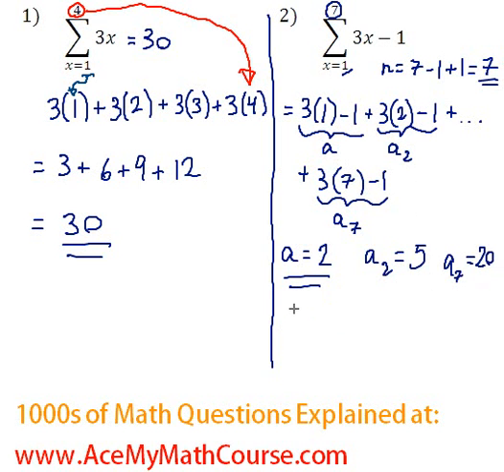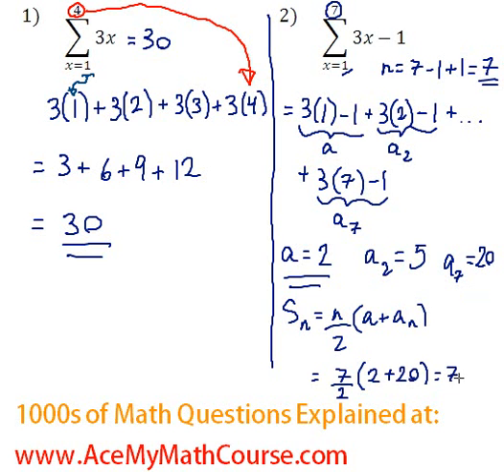Okay, do we have enough information to do our Sn formula? I think so. Sn is n over 2. Actually, let me write down the whole formula here. n over 2 times a plus an. Okay, so we have our n is 7, our a is 2, and an is just 20.